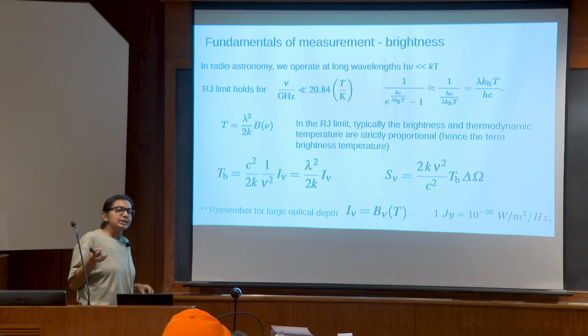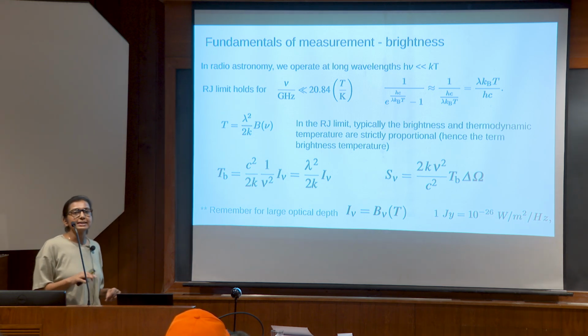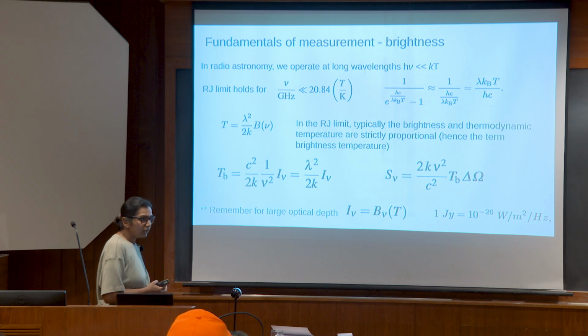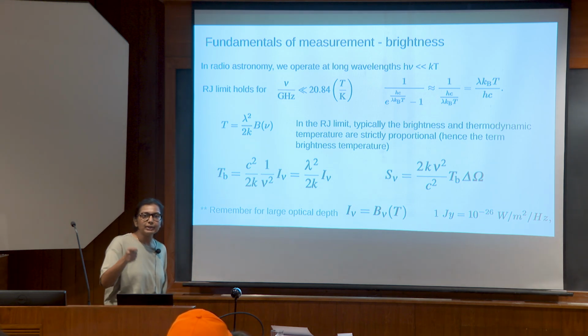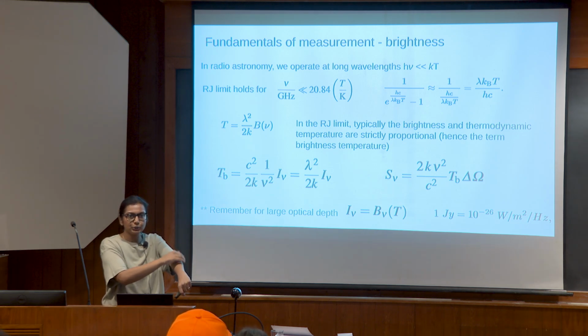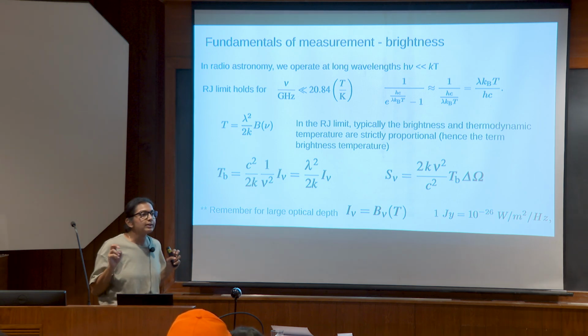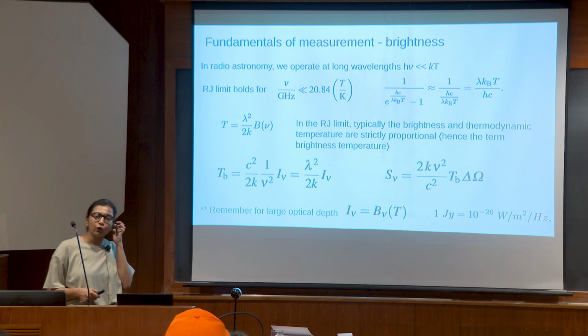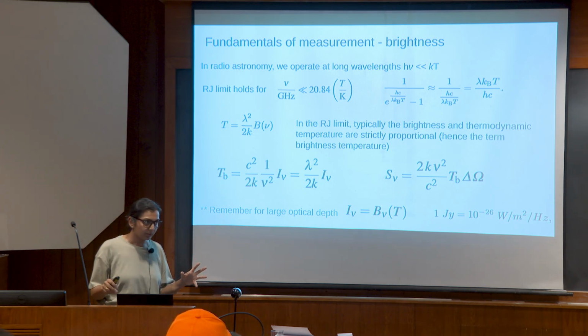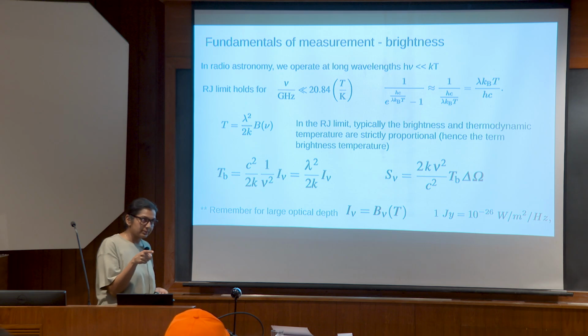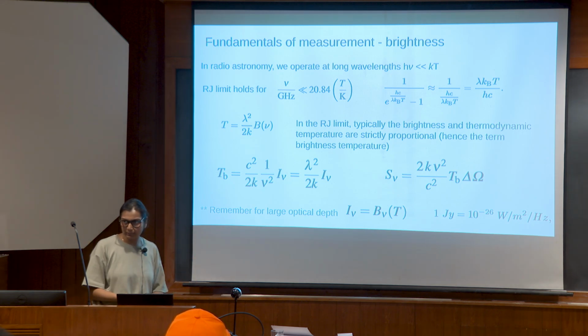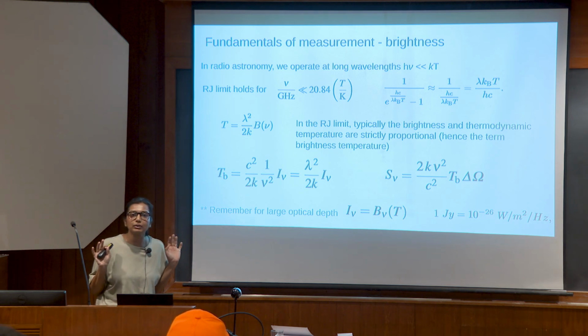It so happens that for most objects at radio frequencies, the brightness temperature is proportional to the thermodynamic temperature, the actual physical temperature. You touch it, it's hot or cold; that is the thermodynamic temperature. Brightness temperature is not a real temperature, it is an equivalent temperature, but in the Rayleigh-Jeans approximation for most radio objects, most black bodies in local thermodynamic equilibrium, brightness temperature and thermodynamic temperature are very similar, or proportional.